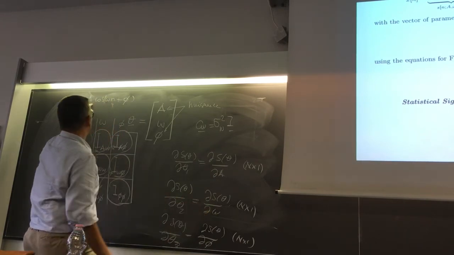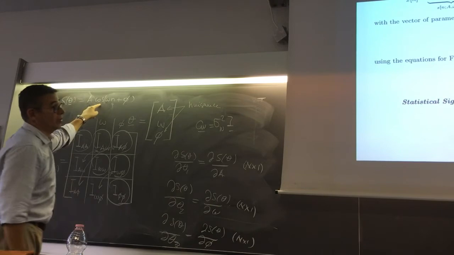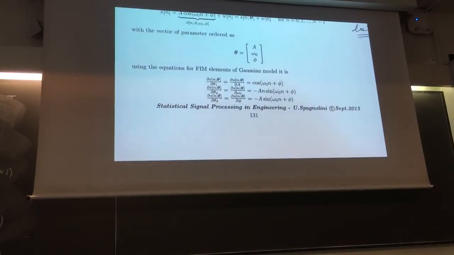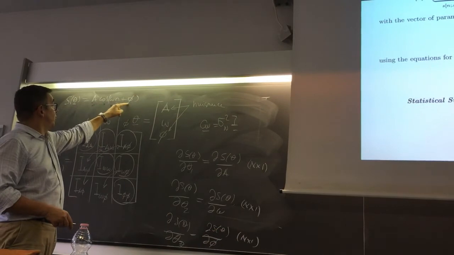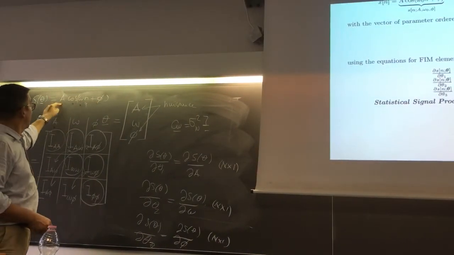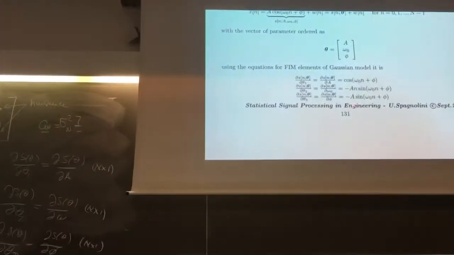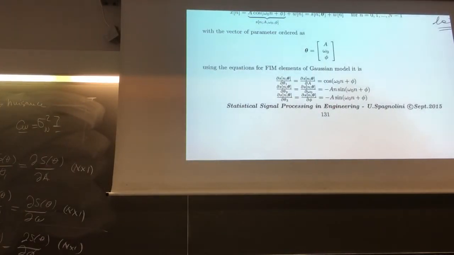Then it is A, the derivative of cosine, which is sine, and then the derivative of omega n, which is n. Now, the third one, last one. What is the derivative with respect to phase? Same story. Amplitude, derivative of cosine is minus sine, and then the argument remains the same.